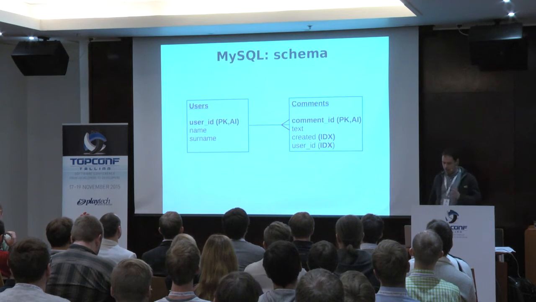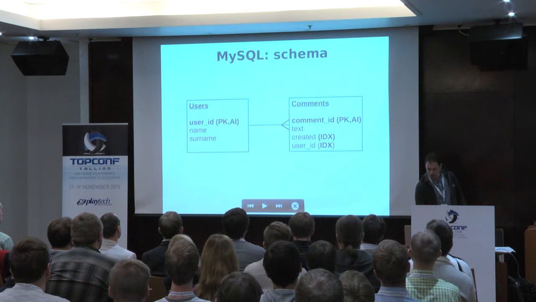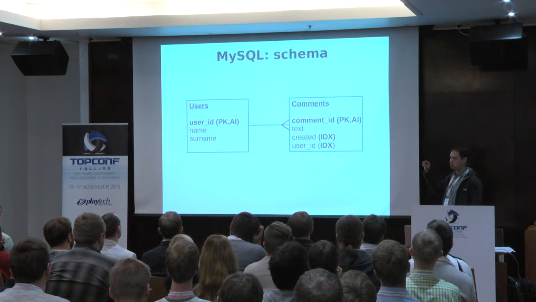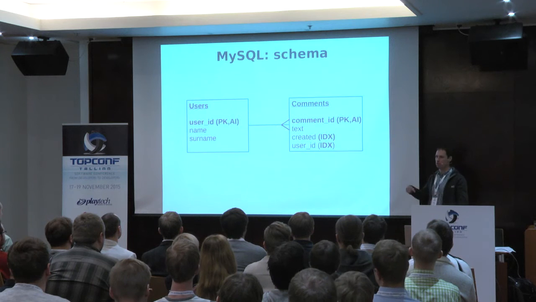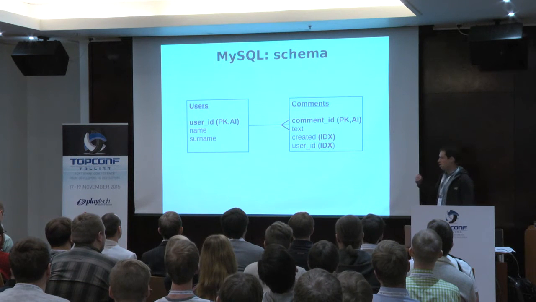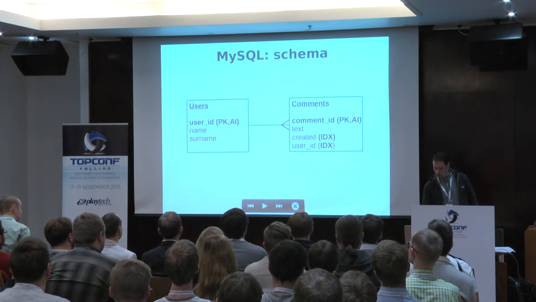In MySQL, it will be a pretty similar schema, just we also add a primary key, which is an auto-incremented field. It's a feature supported by MySQL, where you can define a kind of sequence which monotonously grows as soon as you insert new user records. Same thing with comments: we have a primary key and it's auto-incremented.